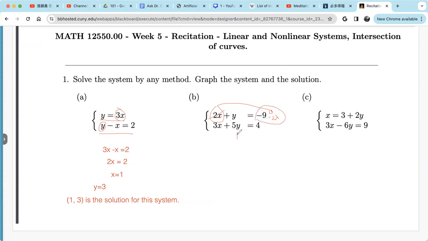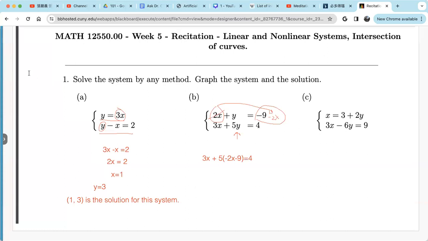Then we substitute into the second equation, into this y. So this method is called the substitution method. So 3x plus 5 times (-2x minus 9). That's y from the first equation.